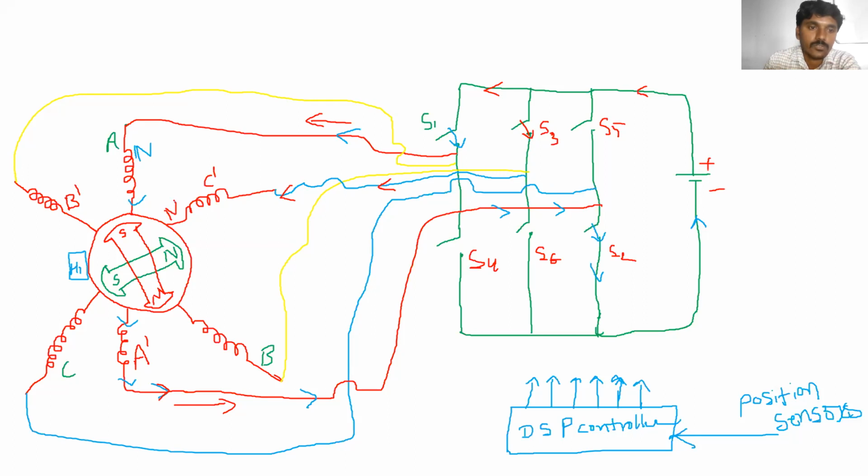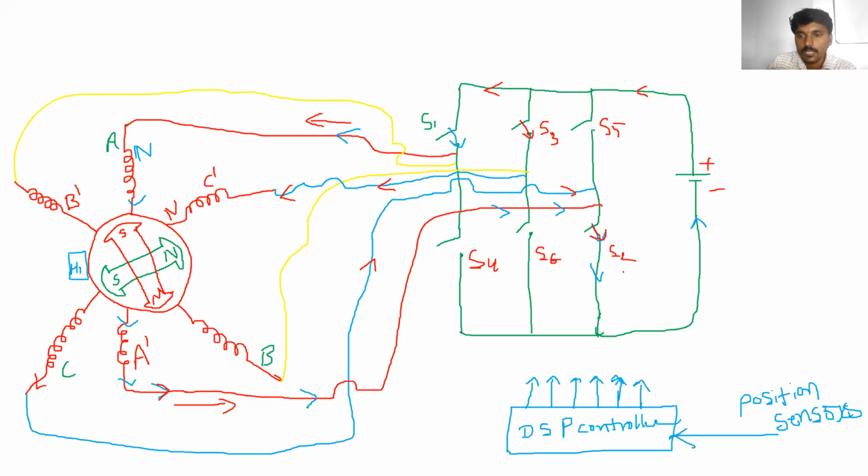When the current flows through the C dash coil, it becomes a north pole, and the current will exit through the C coil. In order to flow the current through the C coil, we should close some switches. It is connected like this, which means the S2 switch should be closed.